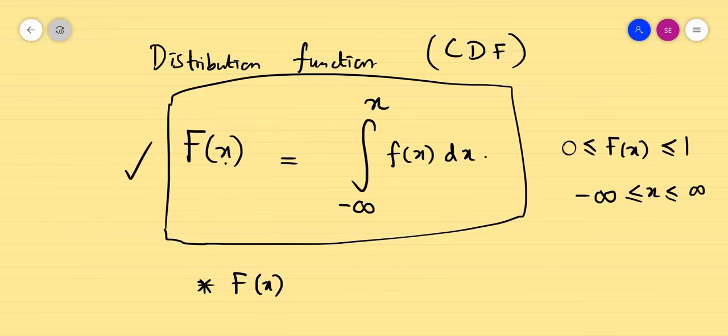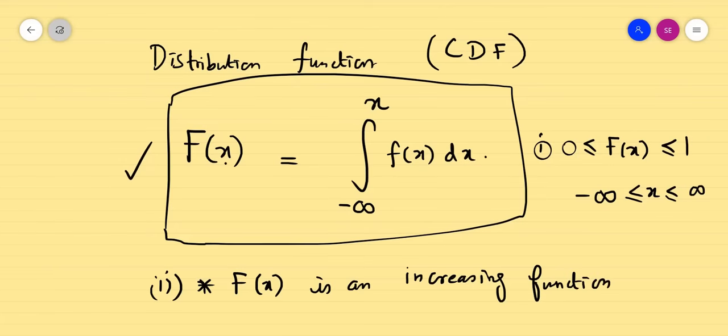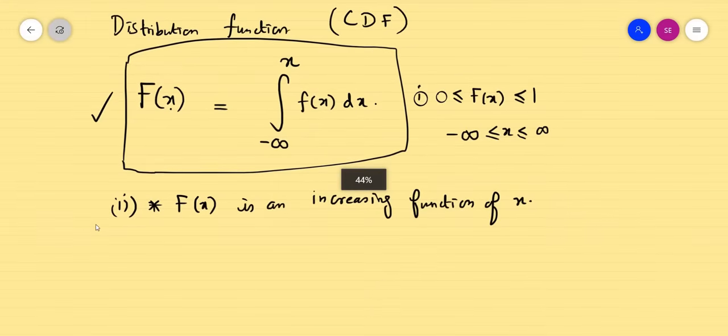Then you have to write the formula, and the first point is it lies between 0 and 1, and the second point is that this F of x is an increasing function of x. I don't want to go too deep on this, you may get confused. Just remember for your exam that this is an increasing function.